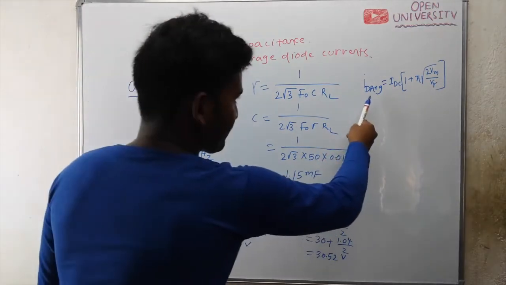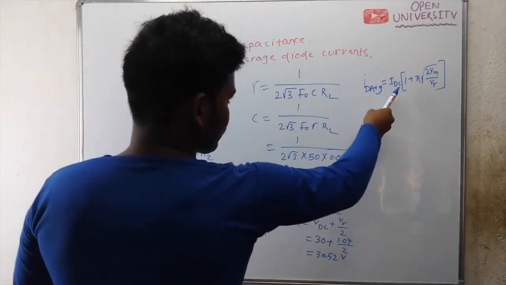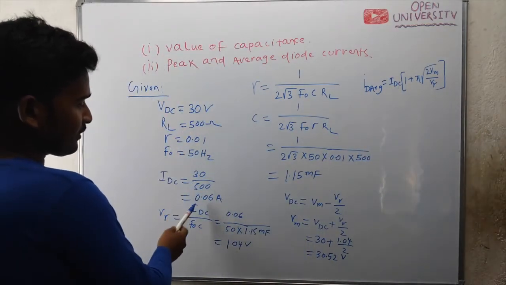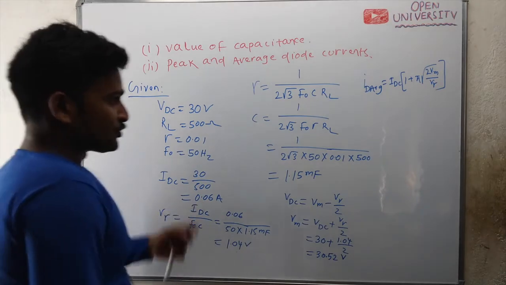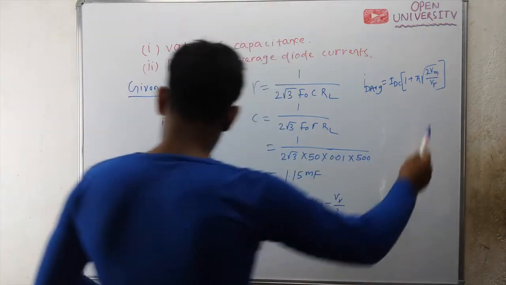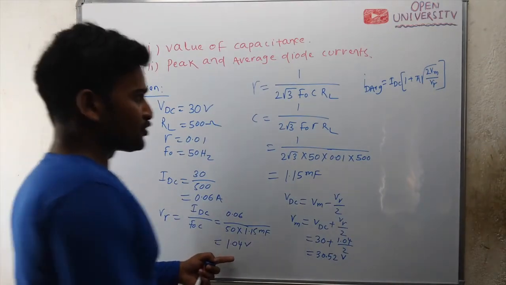So in order to find ID average, I require IDC, and to get IDC I use IDC equal to VDC by RL, which gives 0.06. Then I need VR, which is IDC by F naught C, that is 1.04 volt.